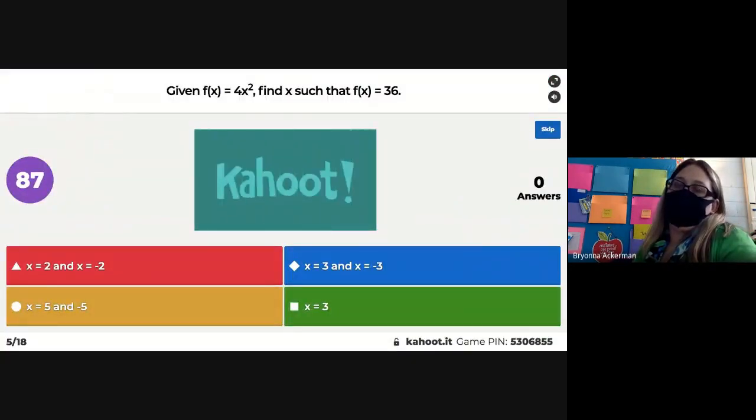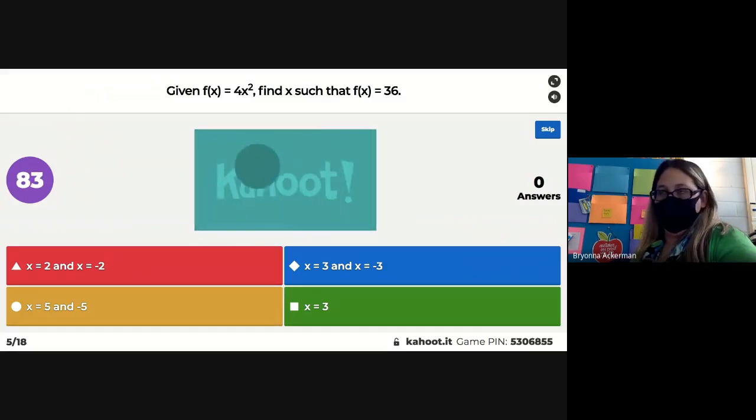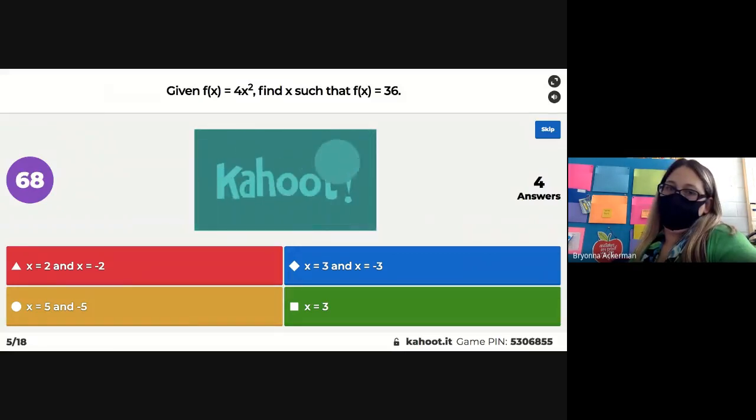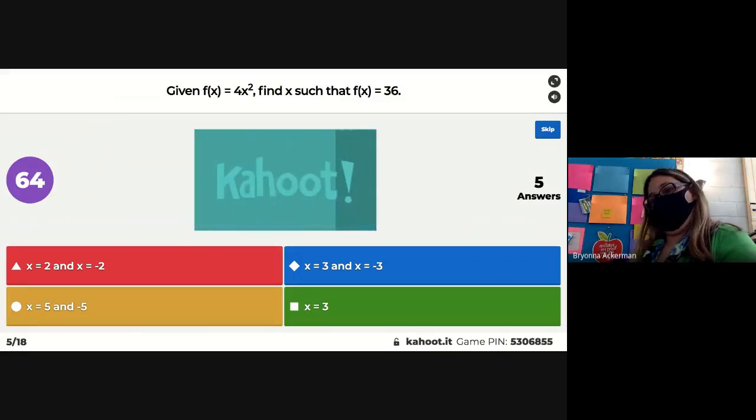Okay, in this case, be careful. F of x is equal to 36. Is that my x or my y value? My y value. When you take the square root of both sides, it's a plus or minus.